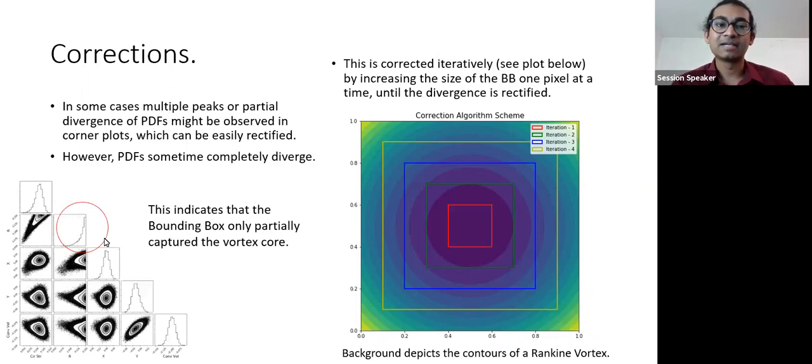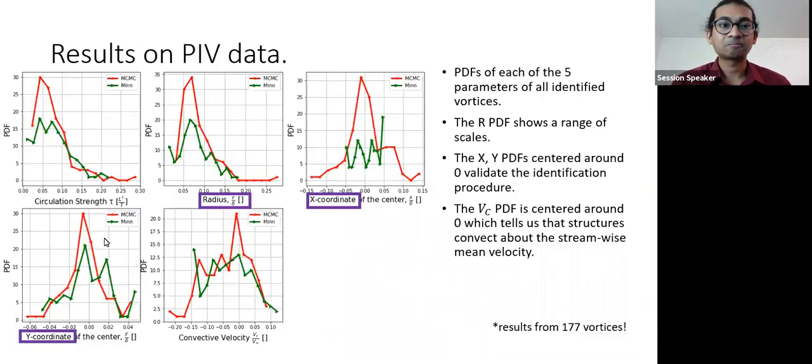However, PDFs sometimes completely diverge, like the one below. This indicates that the bounding box only partially captured the vortex core. This is corrected by iteratively increasing the size of the bounding box 1 pixel at a time, as seen on the right. This is a really effective technique to optimize the size of the bounding box.